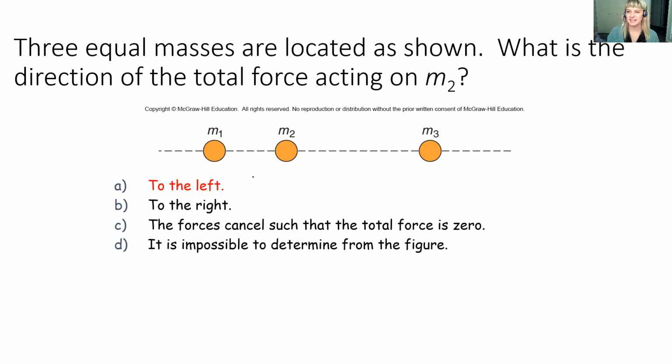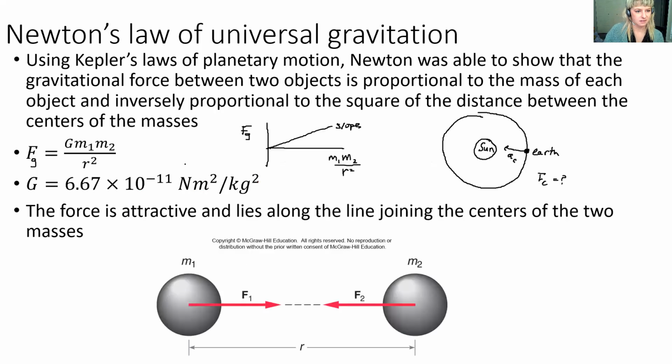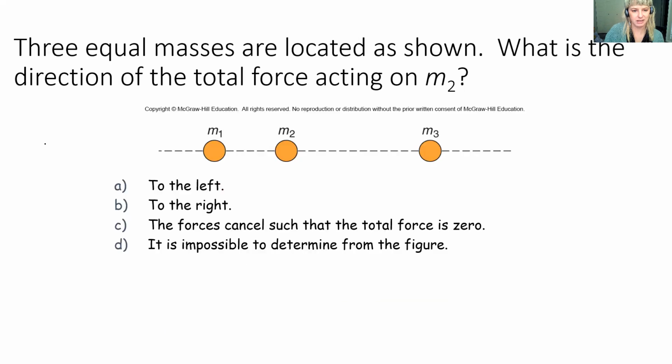Correct answer here is to the left. So M2 is going to have 2 gravitational forces acting on it, one due to M1 and one due to M3. M2 and M1 are closer together, right? So because they're closer together, the distance between them, R, is small. The gravitational force is big. And it's attractive, so it's going to point that way.